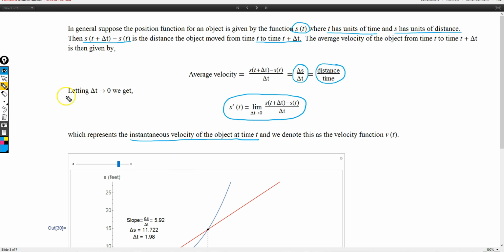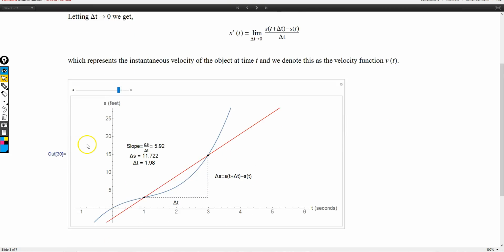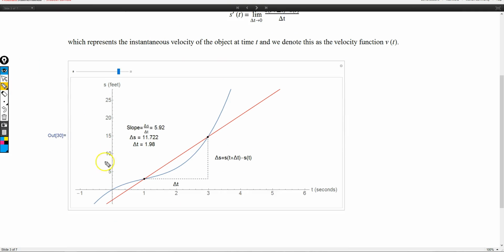So we have a graphic down here. For example, suppose that the blue curve here is the position function for some object.